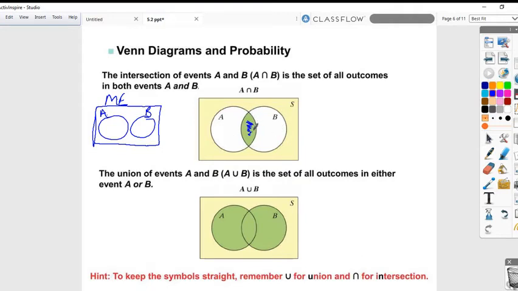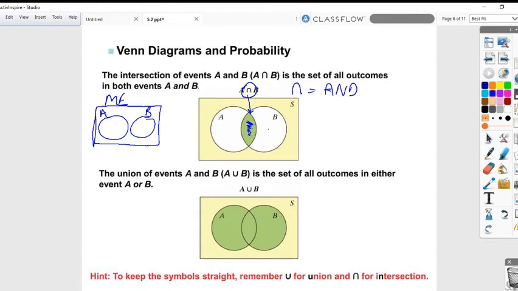If I want both of those things, we call that an intersection of the two. They have to be both in here and in here. How do I remember intersection? Intersection is an and. They are both in A and B. So intersection looks like an A and an and.